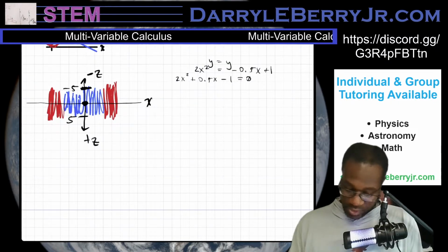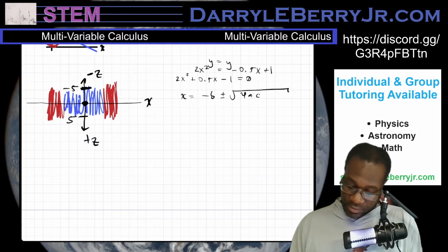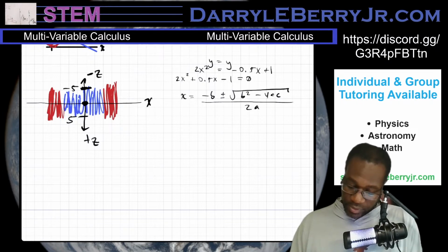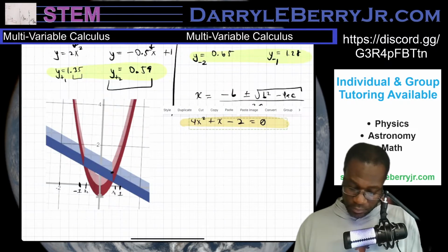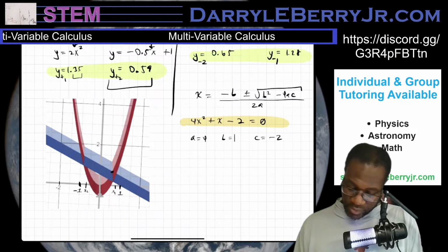So we'll say x equals -b plus or minus the square root of b squared minus 4ac, all over 2a. You can say a equals 2, b equals 0.5, c equals -1.